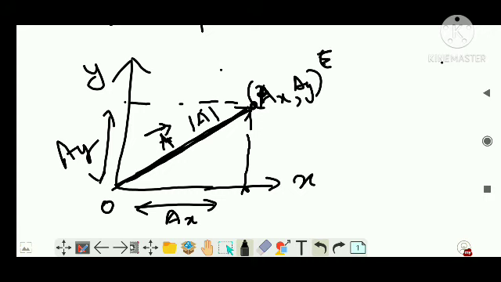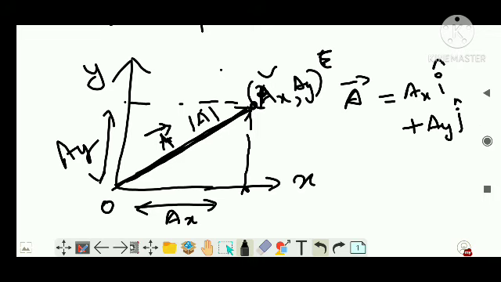Hence A vector can be written as Ax into i cap in x direction plus, it's a combination, right? Similarly, Ay j cap. I told you before with an example, with OP, so this position I can write as x component into its unit vector plus y component into its unit vector, right?